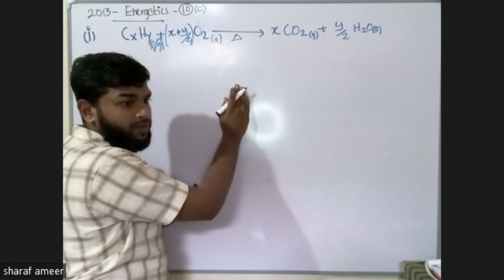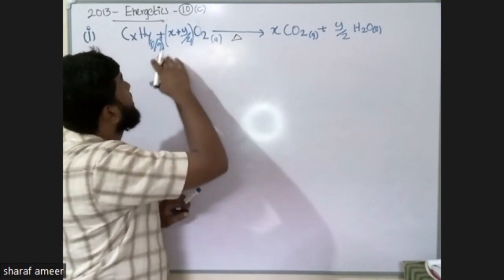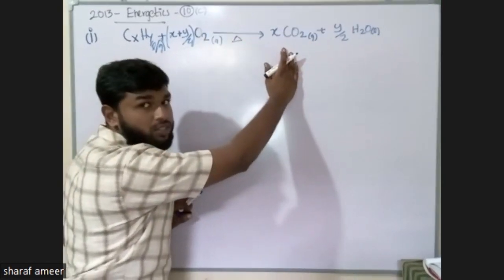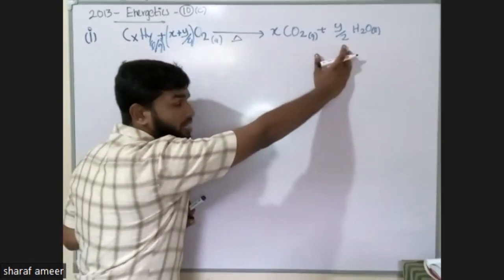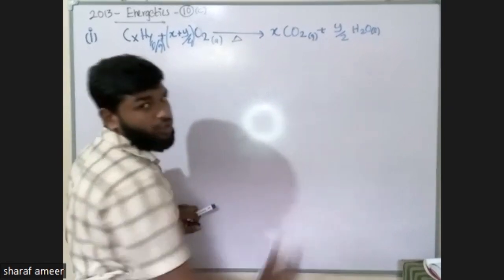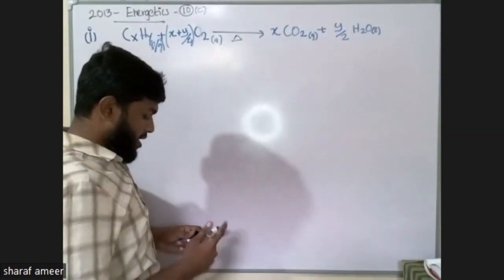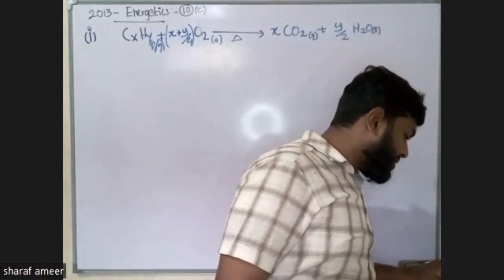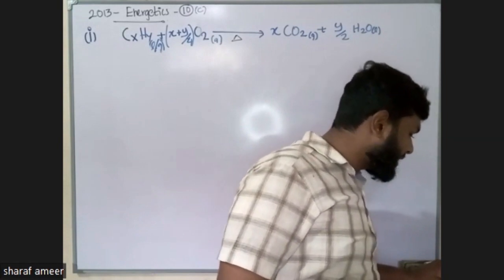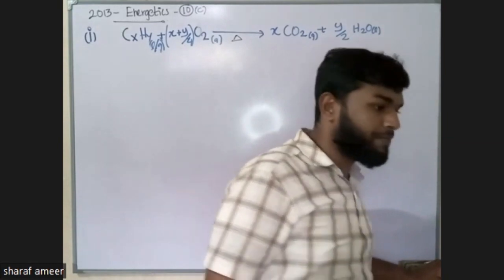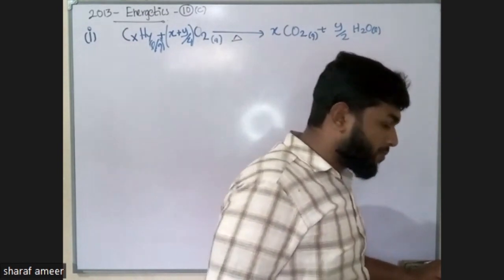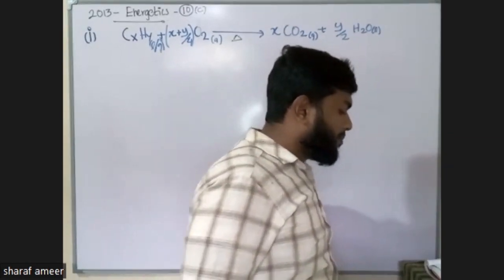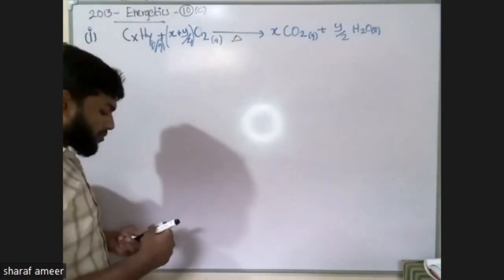So x plus y over 4 O2 gas under combustion gives x moles of CO2 gas and y by 2 moles of H2O. Now see here, they have given the hydrocarbons C3H8 and C4H10. So C3 means propane gas, and then we have butane gas here.